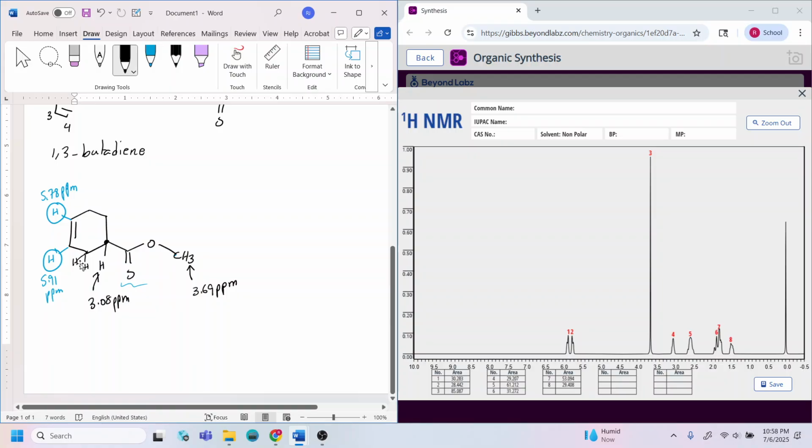And this one over here has 2 hydrogens, and it's going to be around 2.57 parts per million. Okay, so again, we are looking at the positions. These are not the number of hydrogens, these are the positions of the peak. So please follow the position of the peak. So this is position number 5, 2.57. It does have 2 hydrogens, you guys, for position number 5.